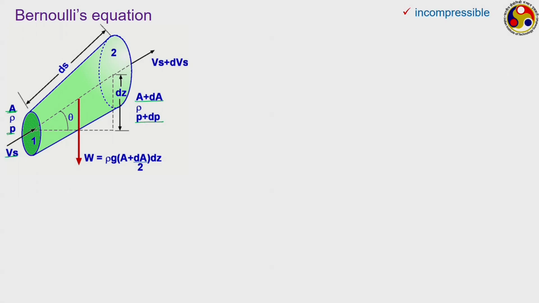Here the velocity in the streamwise direction is Vs, whereas at the other end, at edge 2, the velocity is Vs plus dVs. The streamwise direction makes an angle theta to the horizontal. Accordingly, the weight W of this total fluid volume bound within the stream tube is given by this, and the total length of the stream tube is ds.